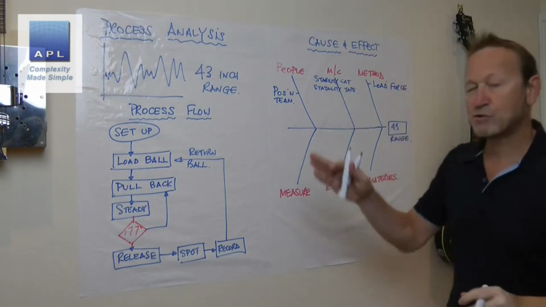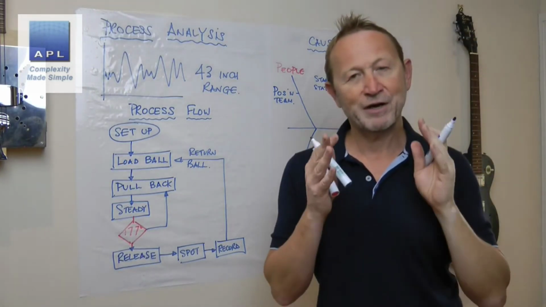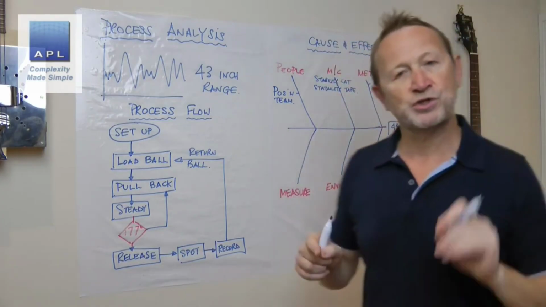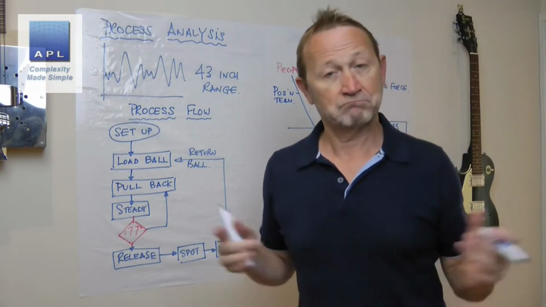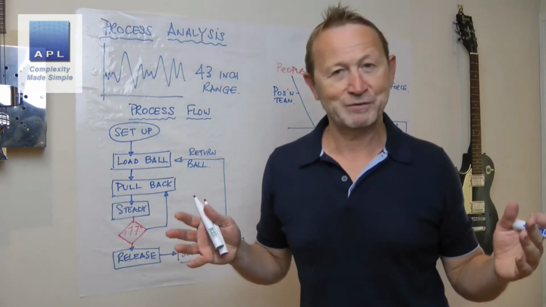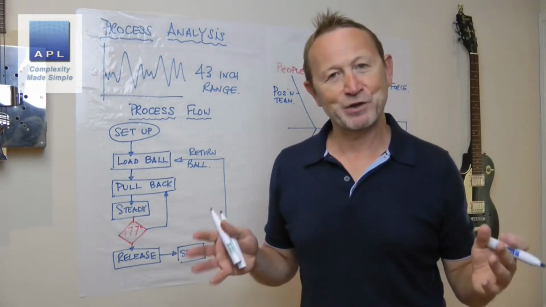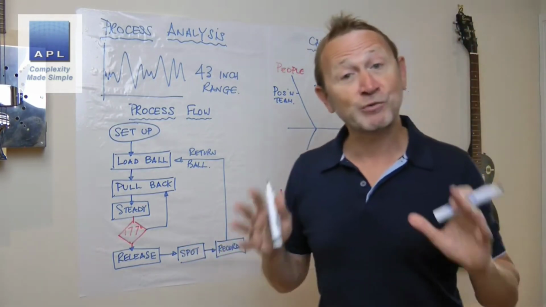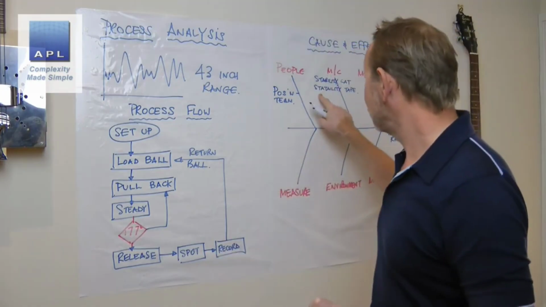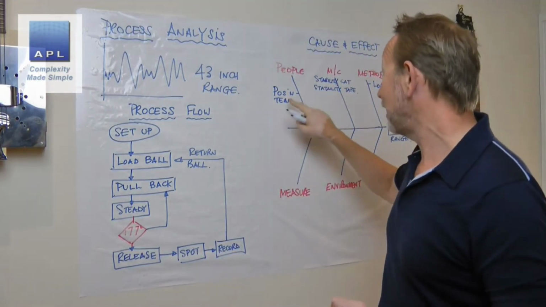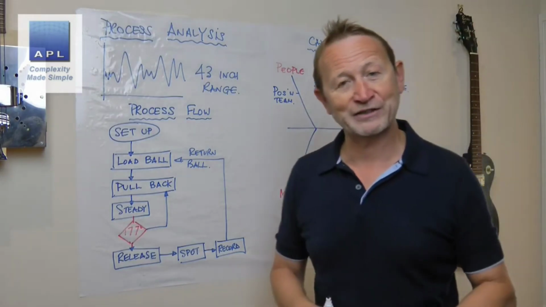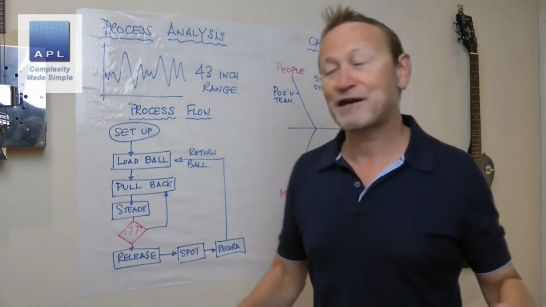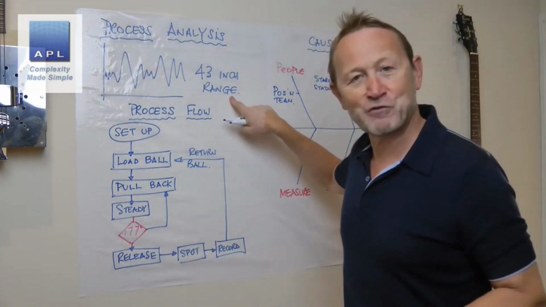Now, just something to notice here. At no point am I being critical about anything. So I'm not saying we're using the wrong loading method. We don't know what loading method we're using. So how do we know whether we got the wrong one or not? So we're just saying we all do it different. We've all got different stability of tape, different stability of catapult. We're all standing in different places. Everybody's doing everything different, and if you do something different, you get a different result.